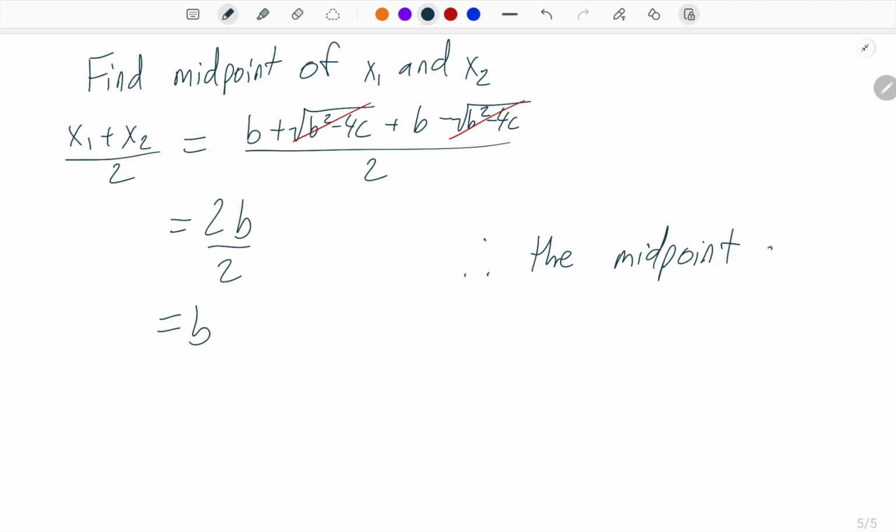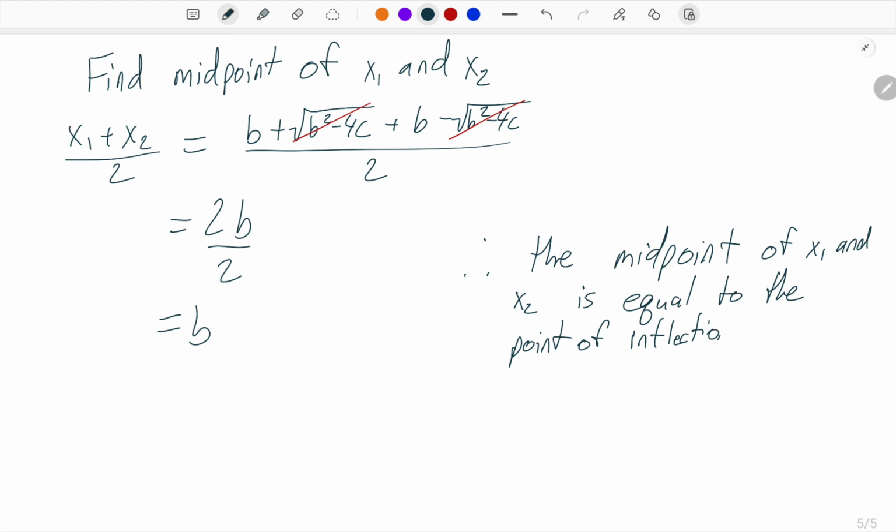So therefore the midpoint of x1 and x2 is equal to the point of inflection at x equal to b. And there we have it. That's our proof.